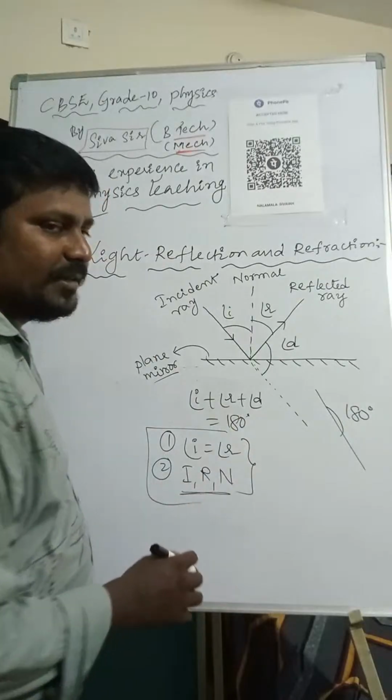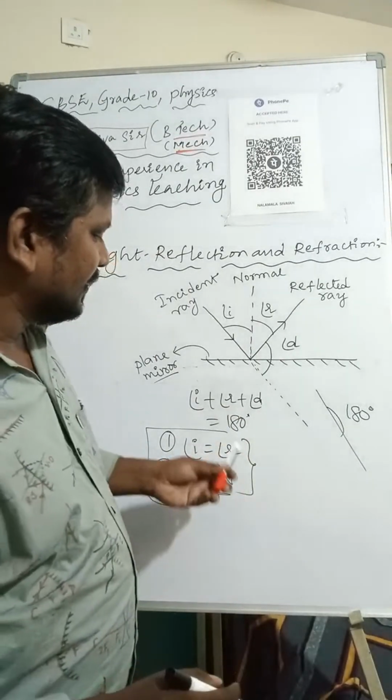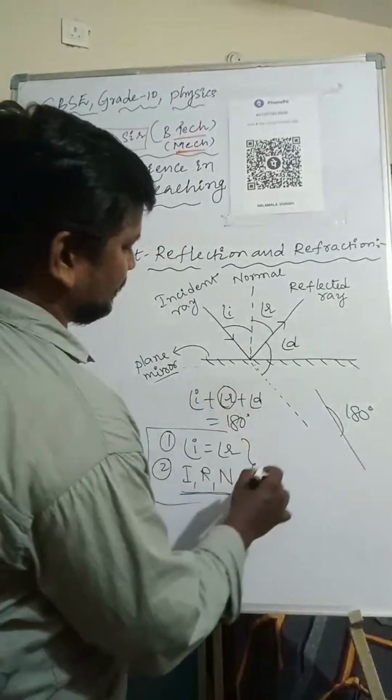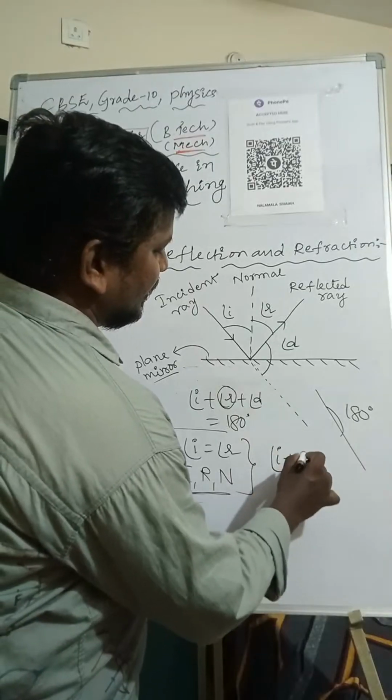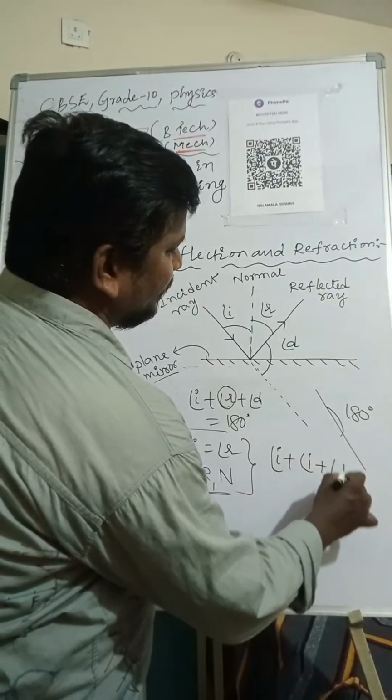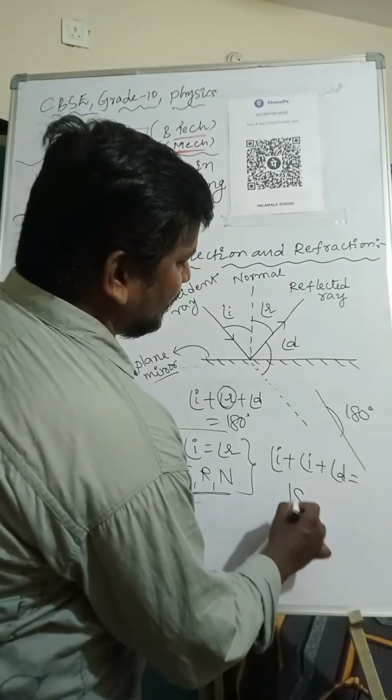So according to the laws of reflection, we can take angle of incidence plus angle of incidence plus angle of deviation equal to 180 degrees.